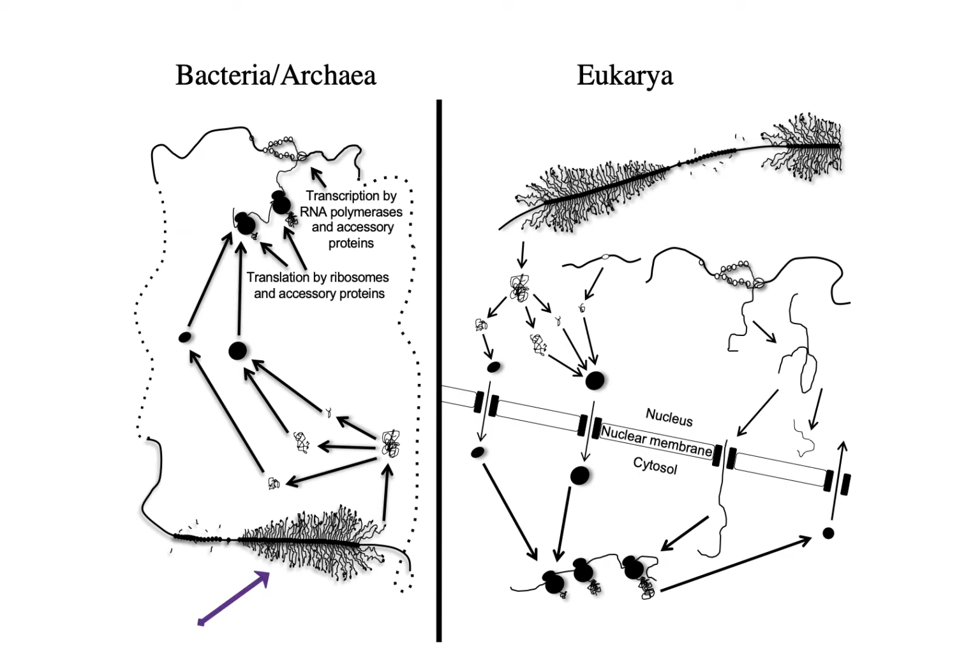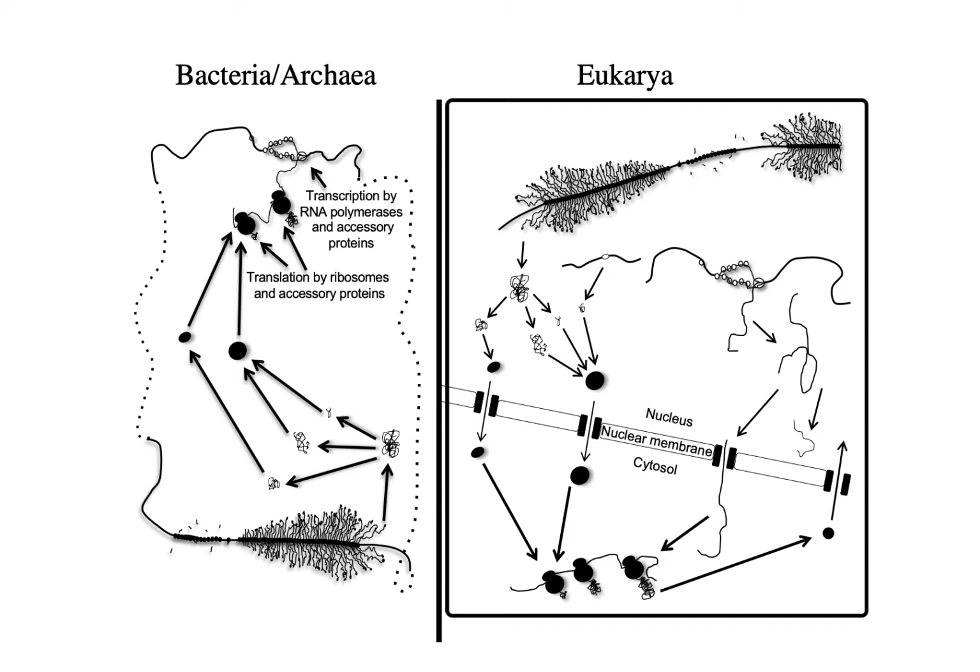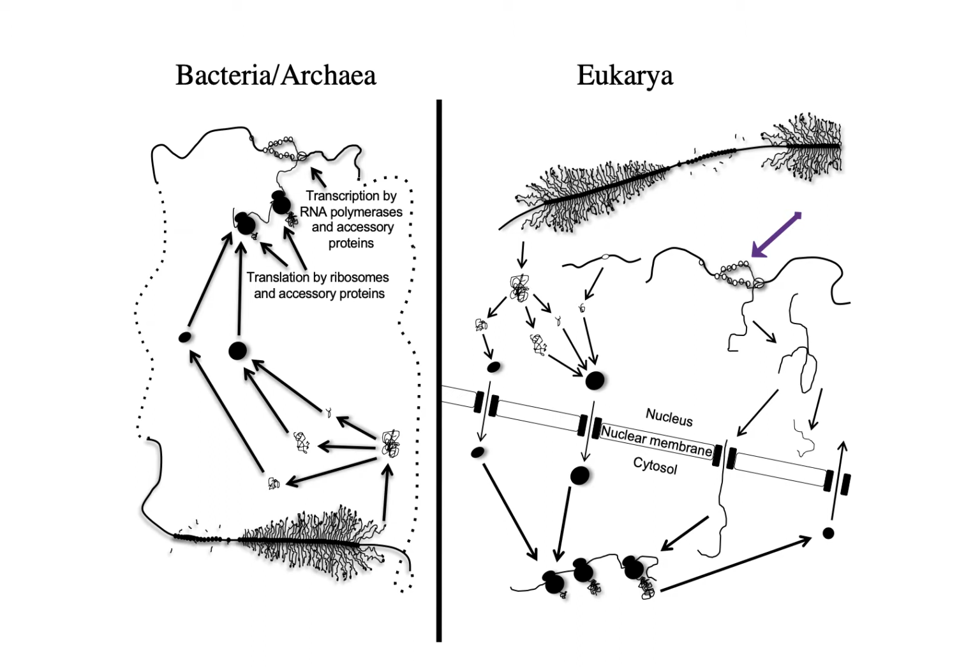And you also have transcription of the ribosomal RNA genes, assembly of the ribosomes, and translation by those ribosomes in the same compartment. In eukaryotes, these are split. So you have transcription of the standard genes here, as well as the ribosomal RNA genes. These come together. The ribosomes are assembled into the small subunits and the large ribosomal subunits.